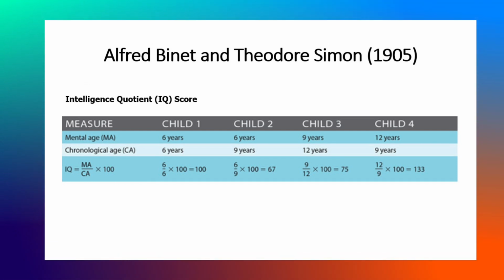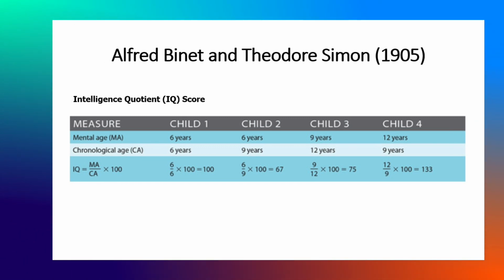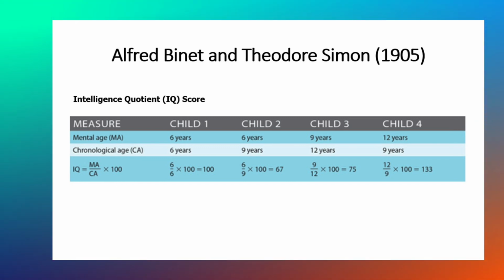Here we have how intelligence was measured. The first two lines describe how Alfred Binet and Theodore Simon measured the children's mental age.